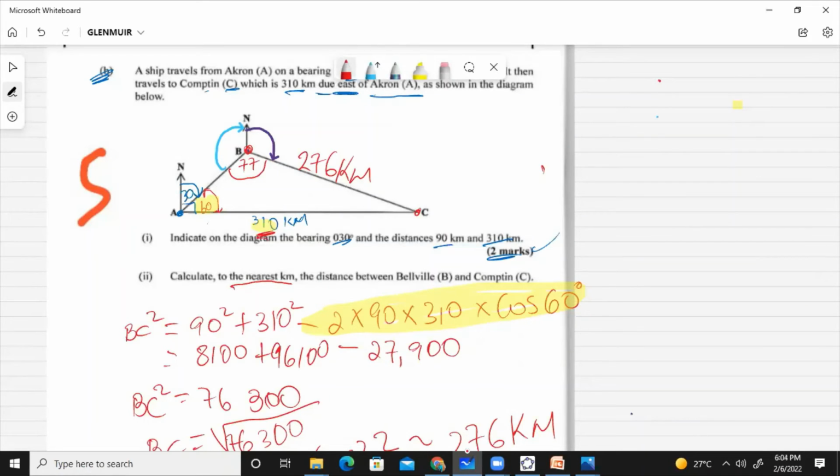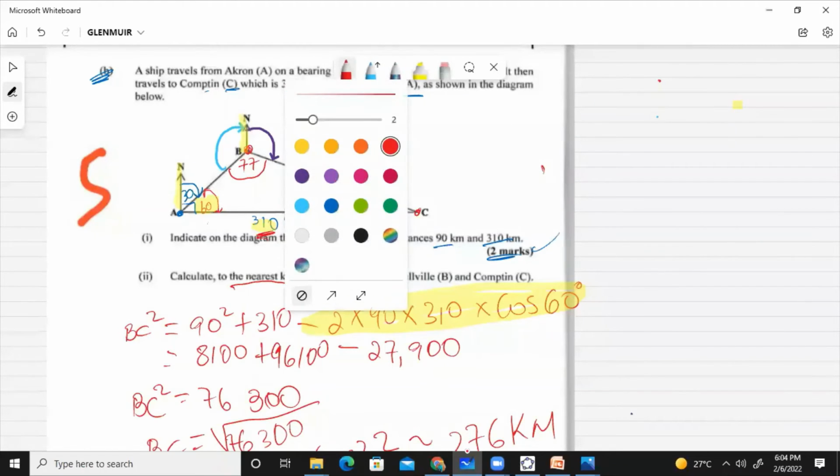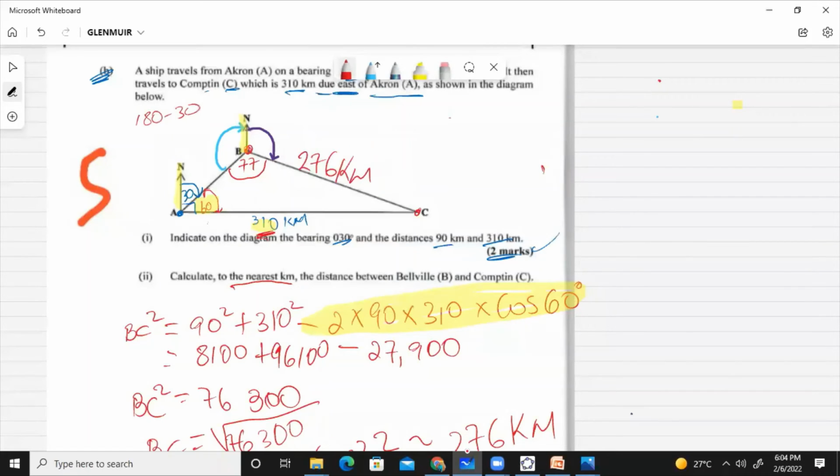Now, we can find this blue here on the left by using co-interior angles. Remember, I told you, look, the north lines are parallel. I'm getting a co-interior here, and this is to say that the angle here at B is 180 minus 30. So you're talking about 150 right here.